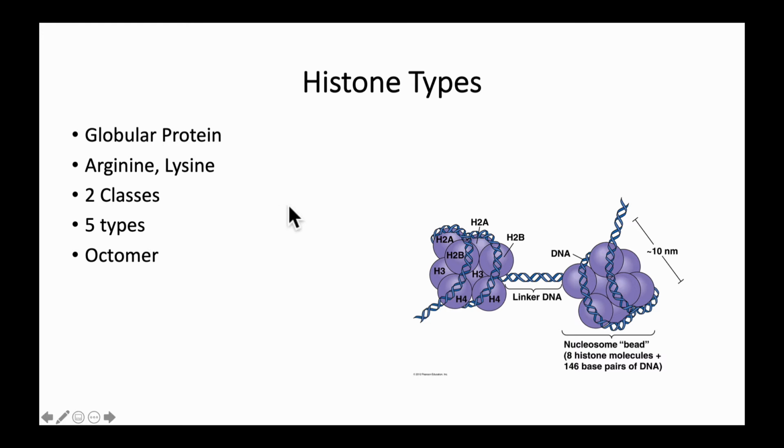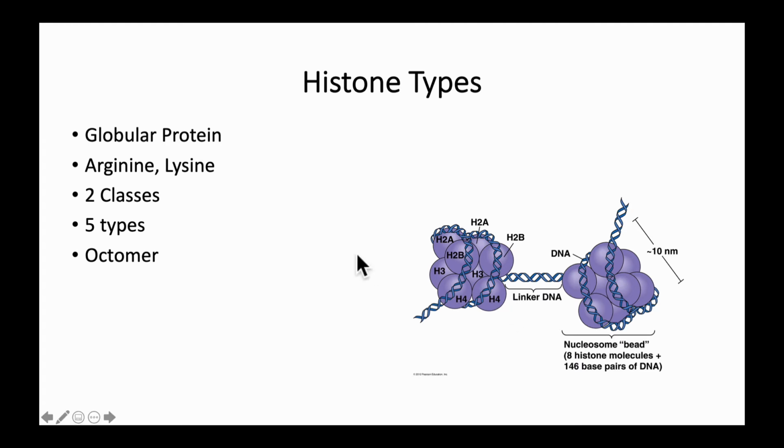Those are H2A, H2B, so if you look over here, H2A, H2B, H3, and H4. These are the 4 core histone proteins. The 5th type are linker histones. The linker histone is H1, and we don't have a picture over here, but I believe we're going to be looking at it later on.